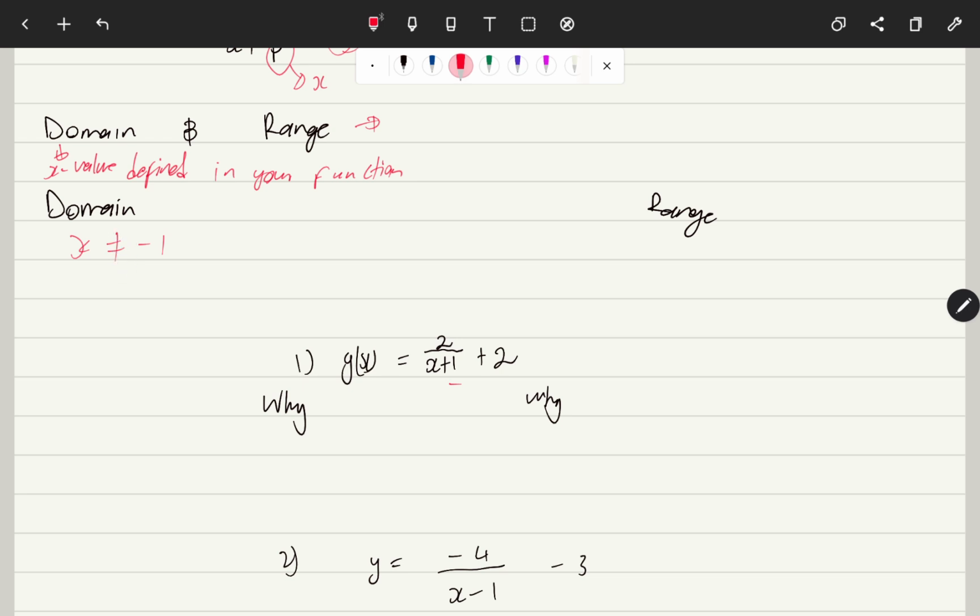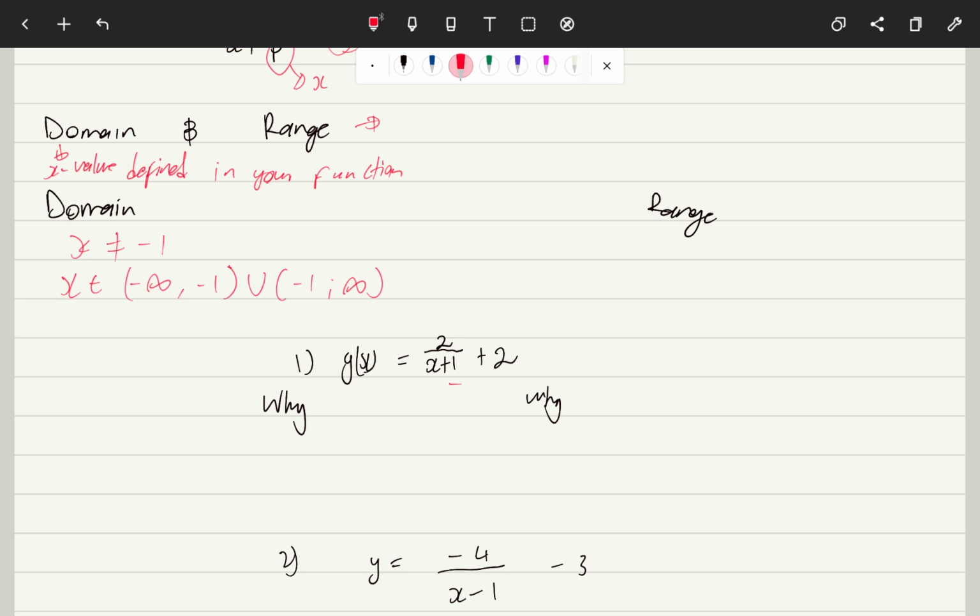Or you can say x is an element of (-infinity, -1), but we don't include -1, and then a union from -1 to +infinity. We do not include -1, that's why we have those curved brackets. And that will be our domain.